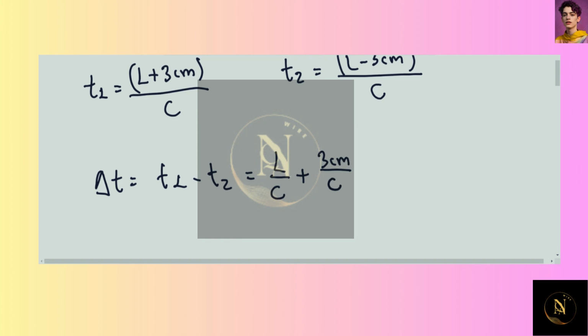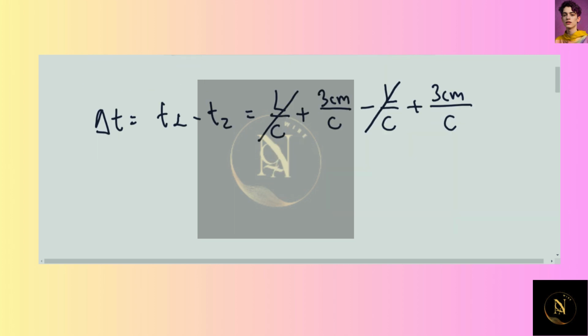And for t2 we have minus L over c plus 3 centimeters over c. As we can see, the terms related with the distance L cancel each other, and we will have that this interval of time is equal to 2 times 3 centimeters over the speed of light.